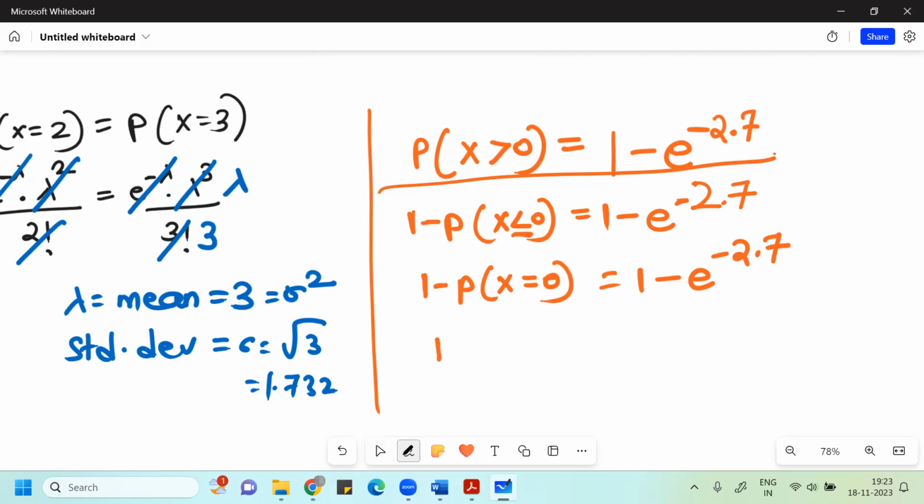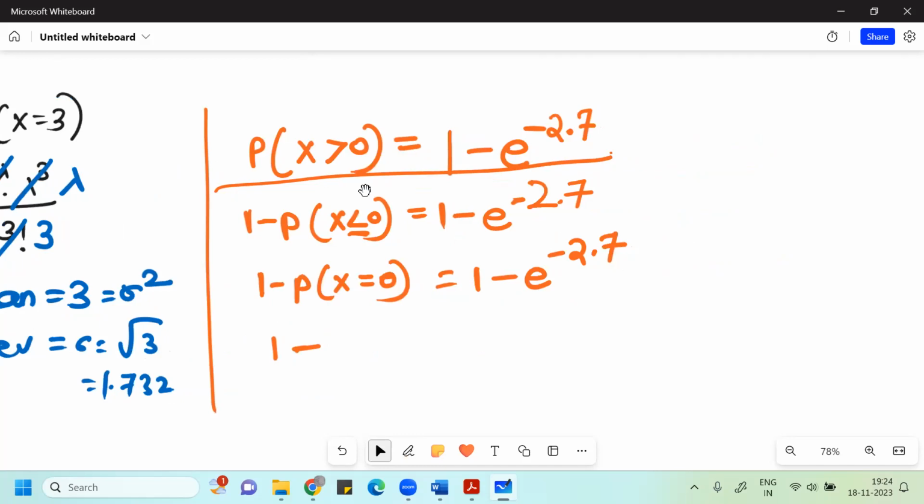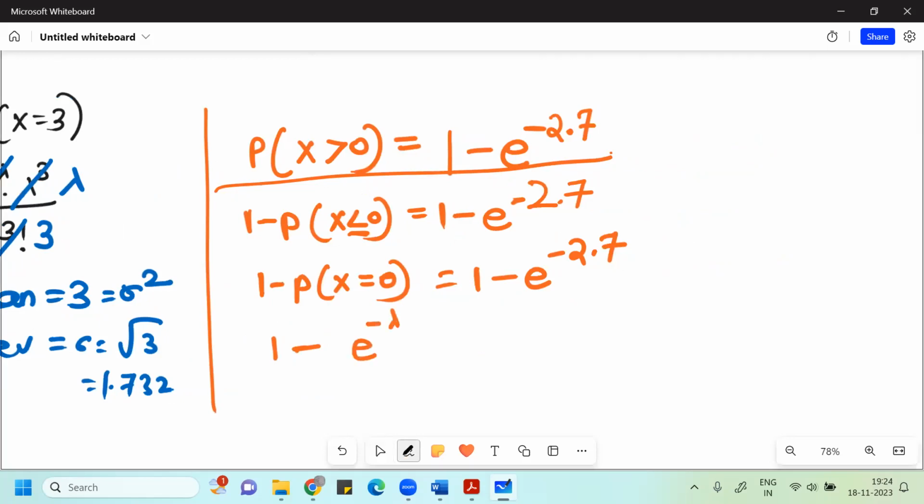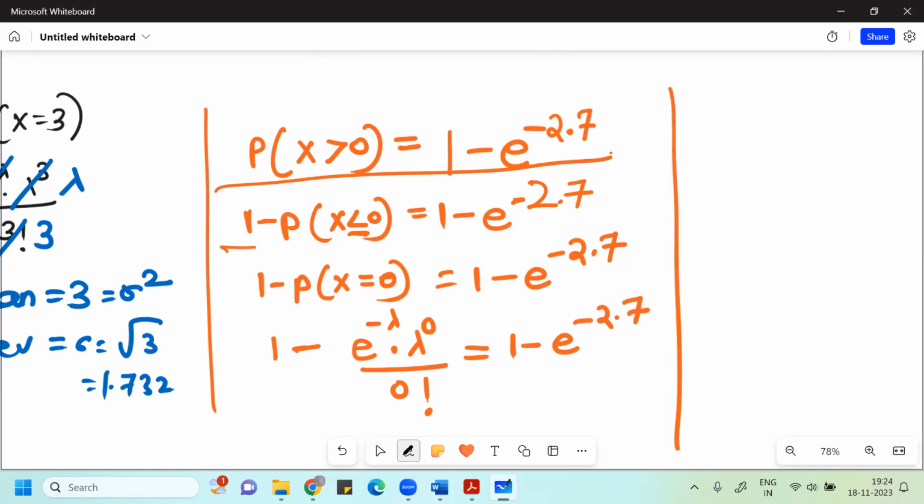So this you can write as 1 minus probability of X equal to 0. This would be e to the power minus lambda into lambda to the power 0 by 0 factorial, is equal to 1 minus e to the power minus 2.7. Clear, everyone?